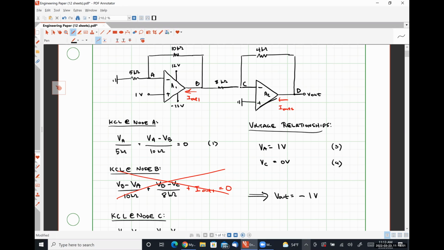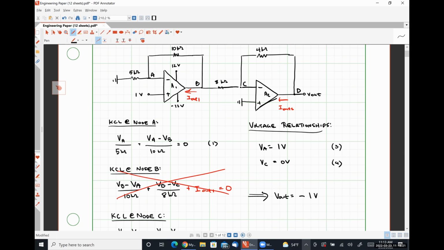That's the hard way. Not particularly difficult. The only potential pitfall is that we have to recognize we cannot apply KCL at our output nodes of any of our ideal op-amps.